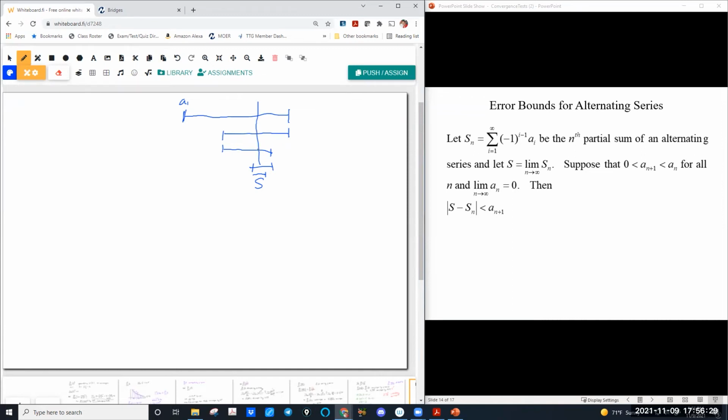What does that mean? Okay, well, let's look at this guy. Here's our error. So we added, subtracted, added. So there's our error. This here, that is the n plus first term.